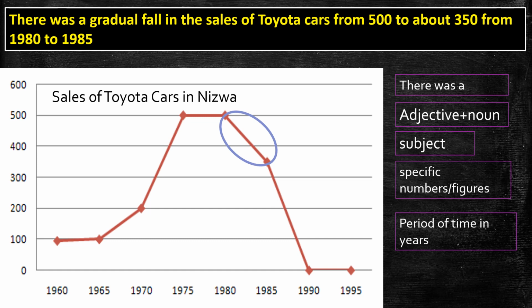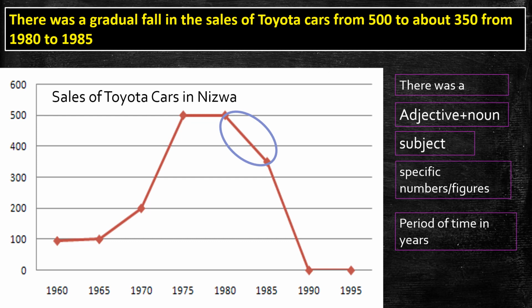Let's check the answer. The sentence should start with there was a, followed by adjective and noun. Gradual is an adjective, fall is a noun. Why have we used gradual here? Because the change is small and slow. From 500 it came to 350. We can't say exactly 350, it could be 340 or 360, but the change is gradual and it's coming down. That's why the noun fall.